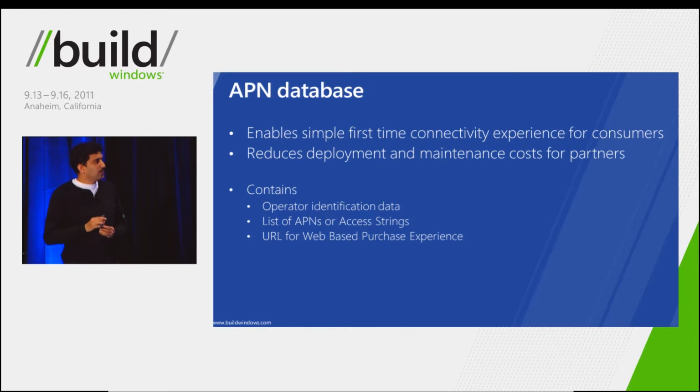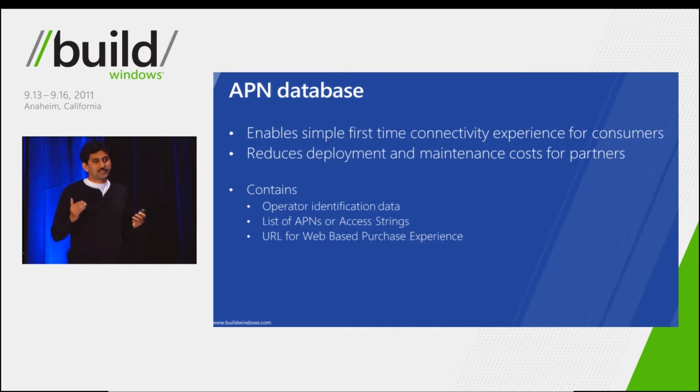One last point also contained in the APN database is a URL for a web-based purchase experience. In certain cases, your app may not be installed on Windows. The cases are when a user goes to a foreign country, has a USB device, and plugs the USB device into Windows.